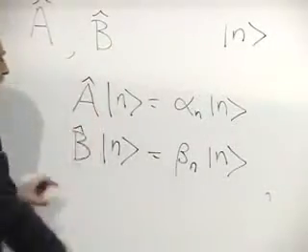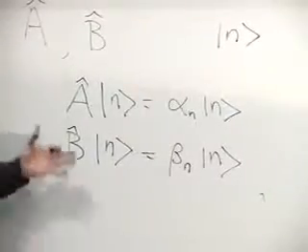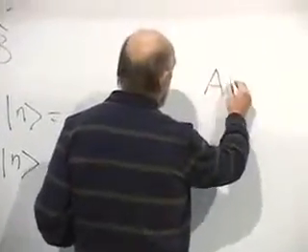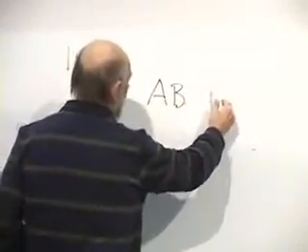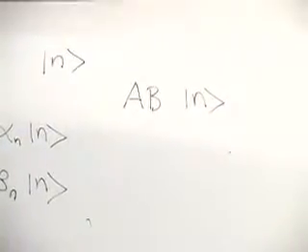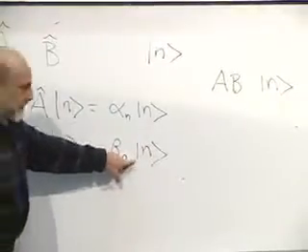have the same set of eigenvectors? So in order to motivate the conditions, let's study what happens if you multiply A times B and then act on n. What does that do? Well, we know what B does when it acts on n. It just gives us the eigenvalue beta n times n.